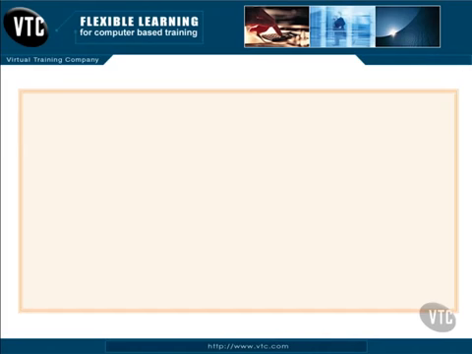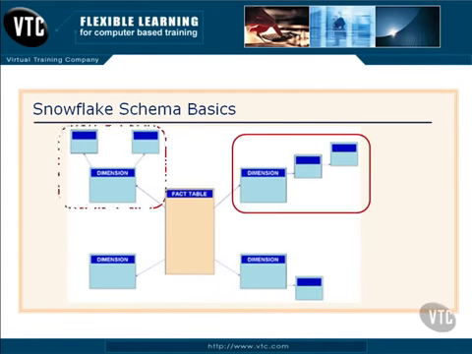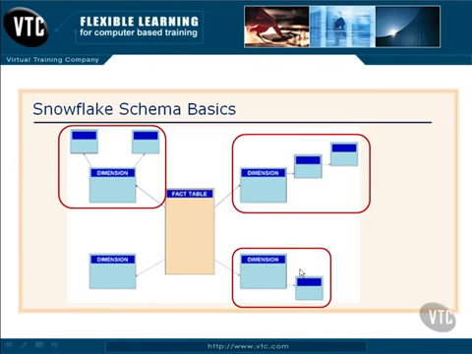Now, why wouldn't I want to use a Snowflake schema? Well, all you have to do is look at the diagram to see. Notice it's a regular star schema, but we have normalized this dimension, this one, and this one. And so we've got the ability here maybe to drill down or to pivot. Maybe this is general information. This is about a particular area. This is about a smaller area within that, right?